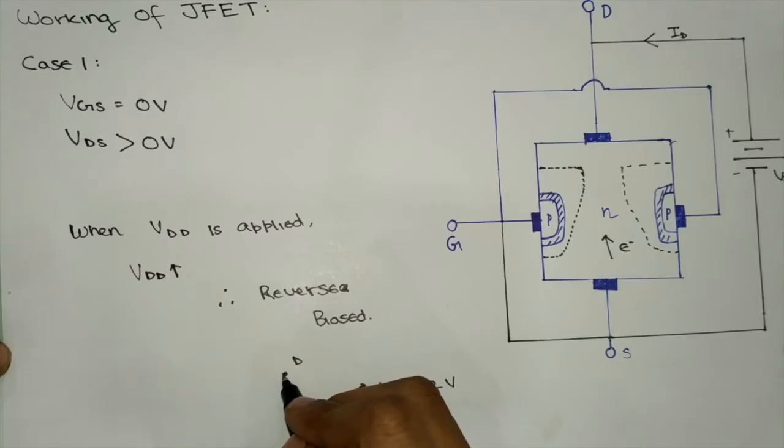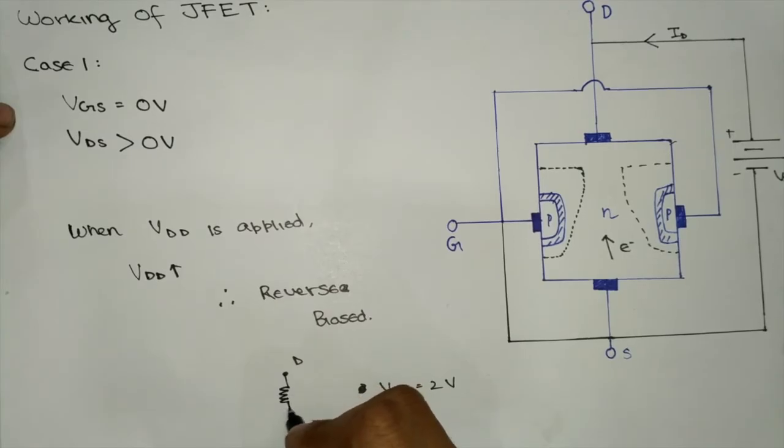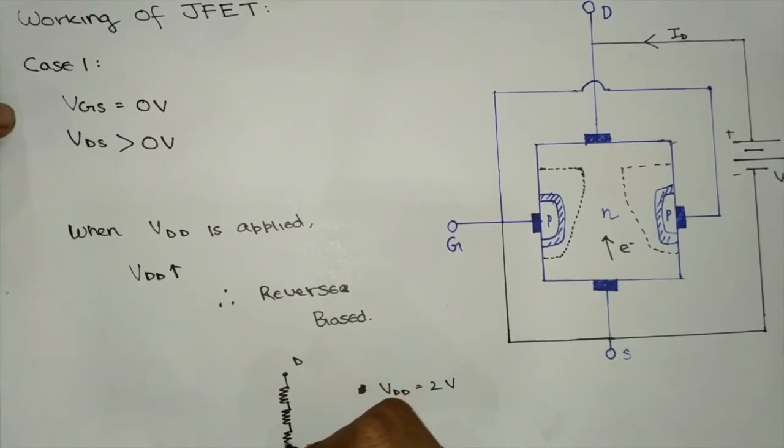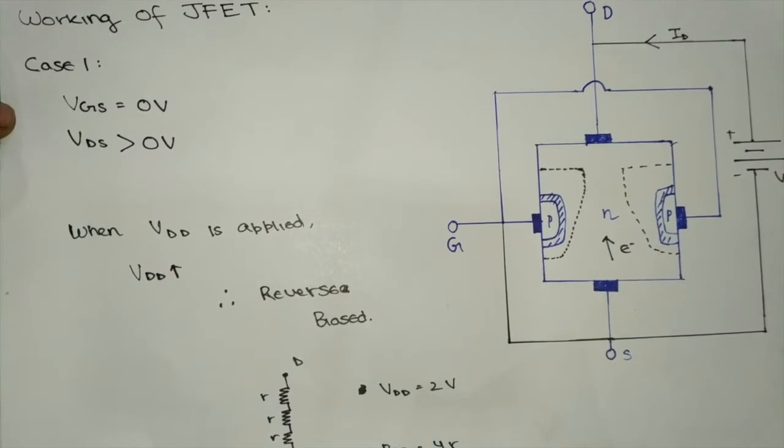The N channel can be thought of as a combination of any number of resistances. So we are taking, suppose, 4 resistances. So these are 4 resistances of equal resistance R. Therefore, the equivalent resistance is equal to 4R.